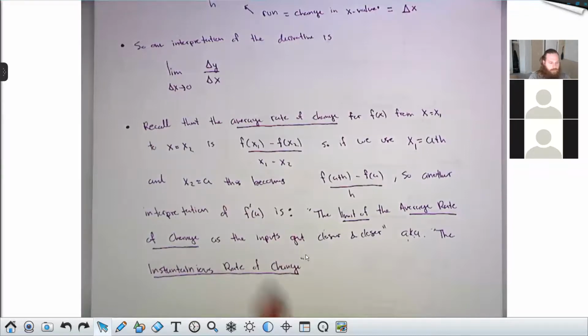And to look a little bit deeper into this, I'm going to give an explicit example in terms of what are called position and velocity, two important concepts for physics.